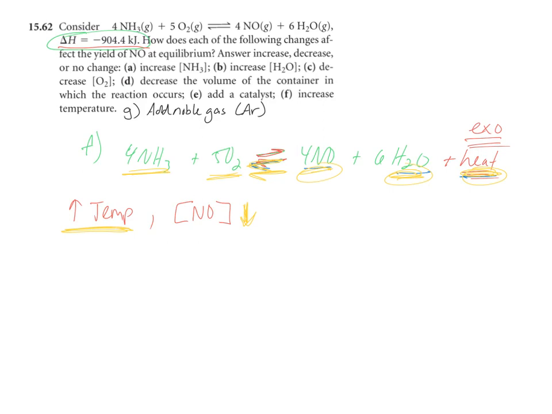And now lastly, I've added one here. I've added G, adding a noble gas. So overall, if I add a noble gas, let's say I add argon, there's going to be no change. You can think of it in a very simple way where noble gases are unreactive.